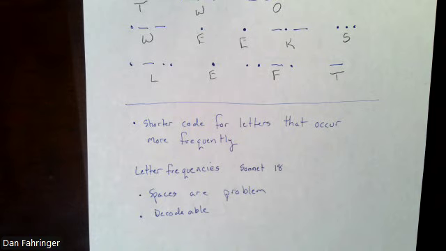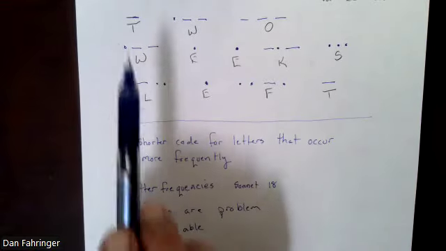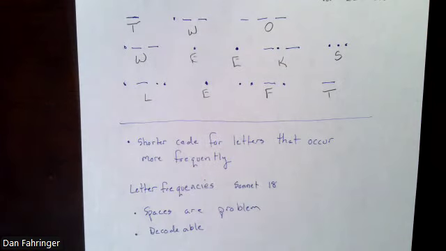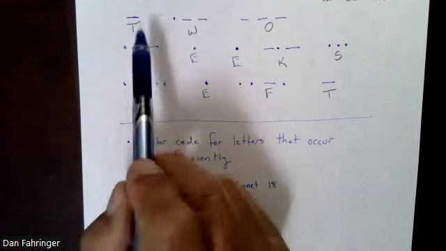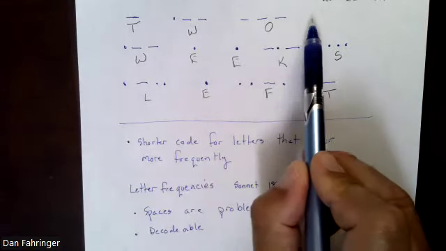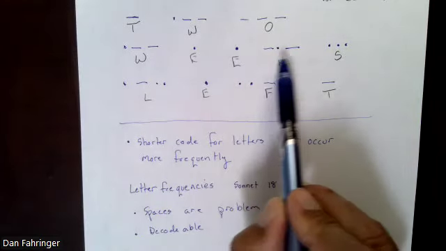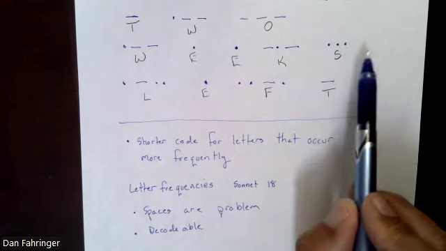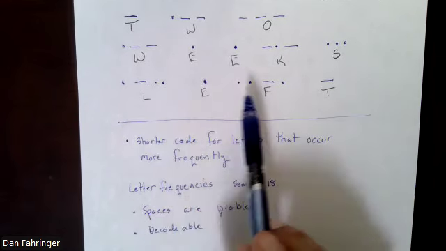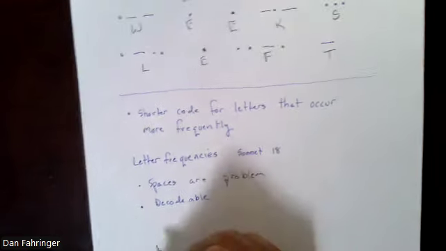Well, the first thing we're going to look at is, okay, up here, I have a whole bunch of three things: dashes, spaces, and dots. Okay. So if I counted them all up, I get 41 characters.